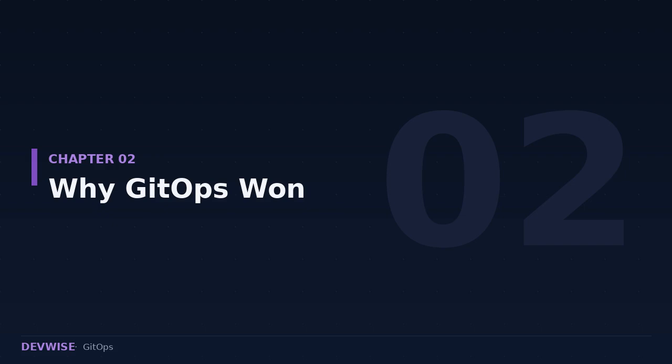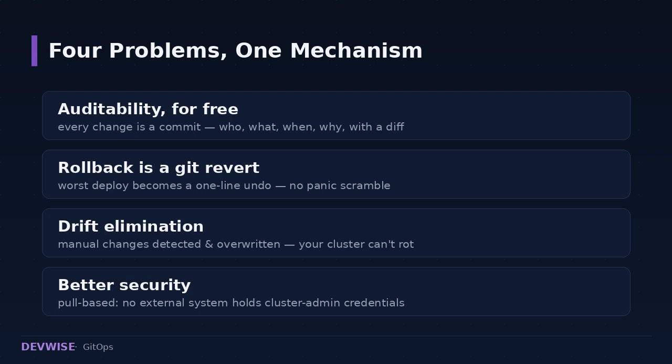GitOps didn't become the default because it's fashionable. It won because it solves 4 expensive recurring problems at once. Let's take them in order of how much pain each removes. Benefit 1. Auditability, for free. Because every change is a Git commit, you get a perfect, permanent history of your infrastructure.